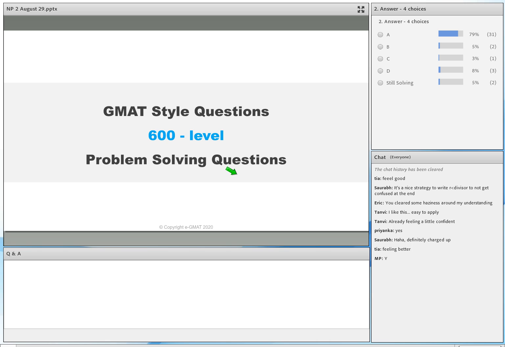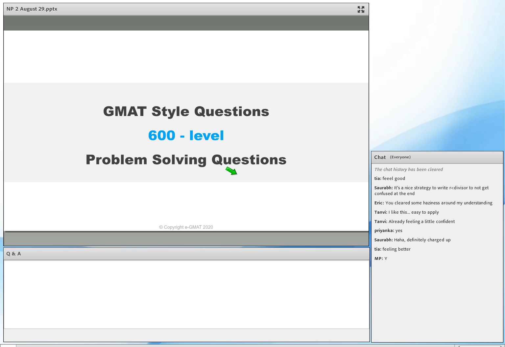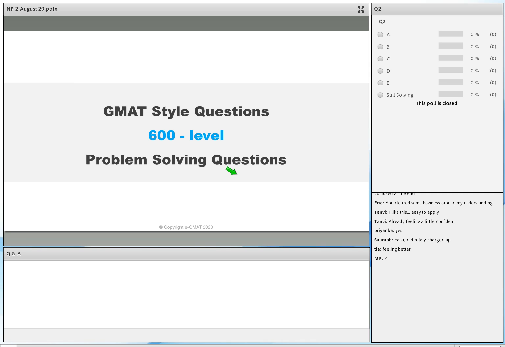Now it's going to be proper GMAT style, and that's why the polls will now be your proper 5 choice polls. Let me bring in one. Okay, this is 5 choices. The moment it's open, please mark still solving.